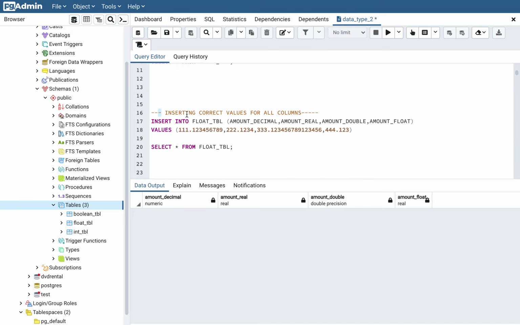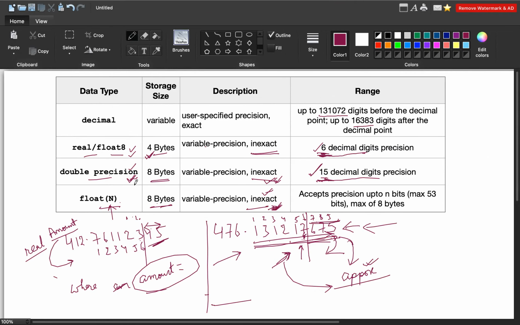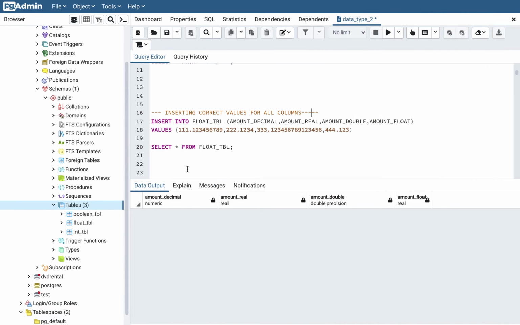Now let us try to understand this entire data type with a few cases. First case is inserting all correct values for the columns. Means I am inserting the right value based on defined size, limit and range, everything. I am storing all correct values, right? The first value is for amount decimal, which is numeric. Now, one more important thing has come up over here.